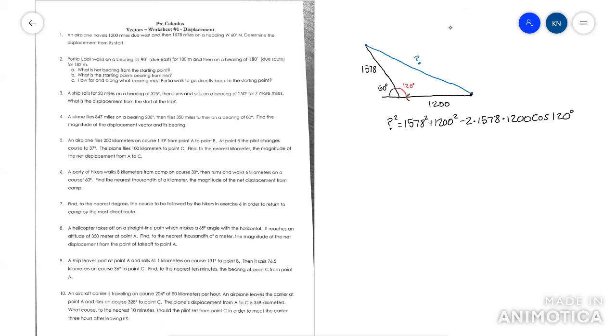When you solve this, you'll get that distance, that question mark, to be 2,413.21.